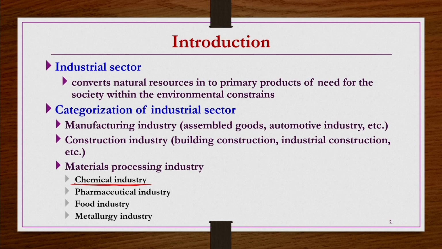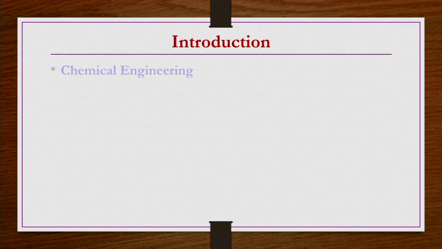Whatever chemical engineering principles you learn during your UG course will also be applied to many material processing industries such as pharmaceutical, food, metallurgical, textile industry, and so on.